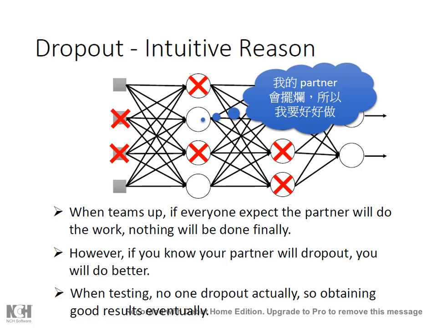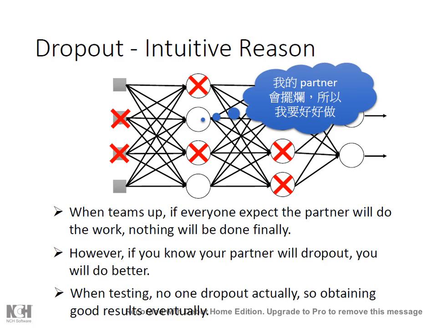I should work very hard, otherwise I cannot complete my work, because if my partners fail, then I have to do more. That's why removing them helps training. It's the main idea of dropout.